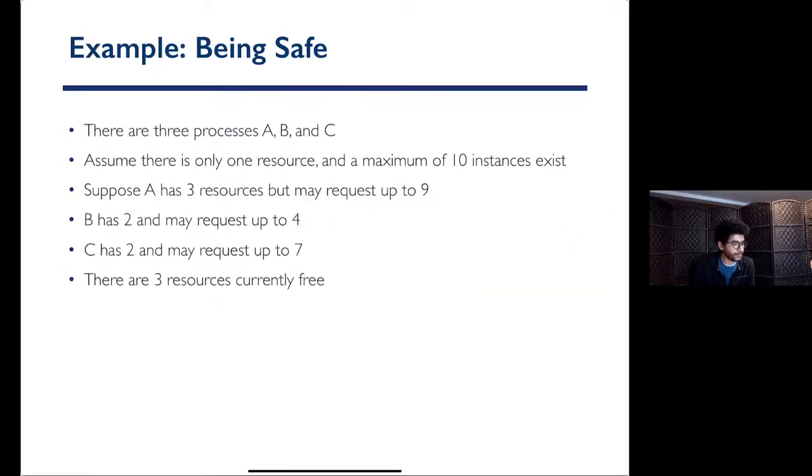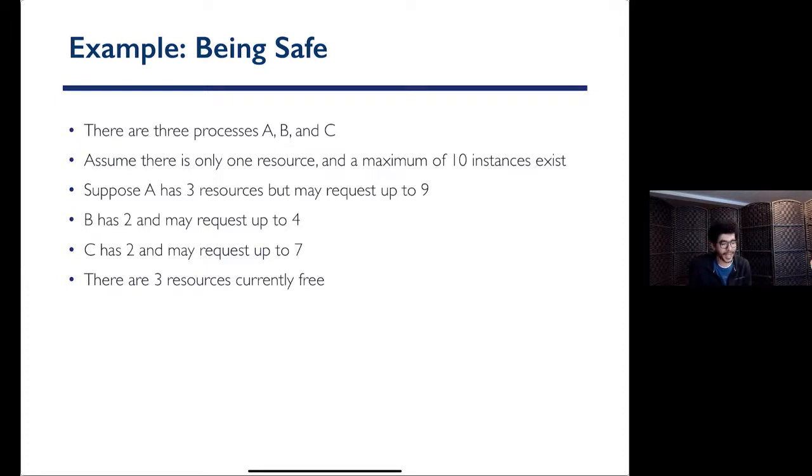Now, here is an example. Let's say that you have 3 threads or 3 processes, A, B, and C. Let's assume that there is only one resource, and this resource has 10 units. So basically, we have 10 units of a single resource.